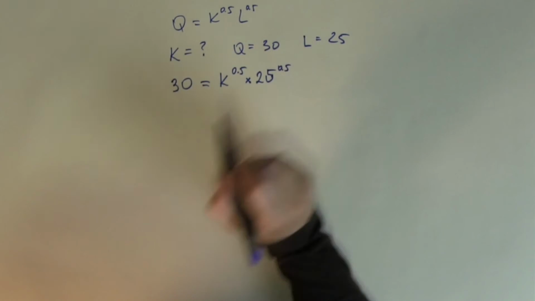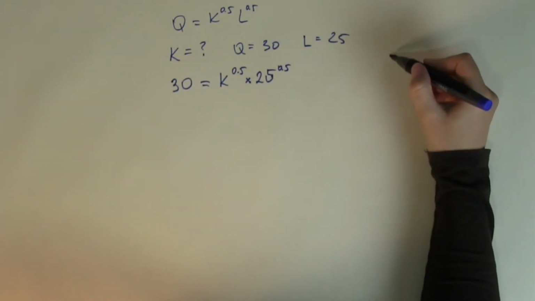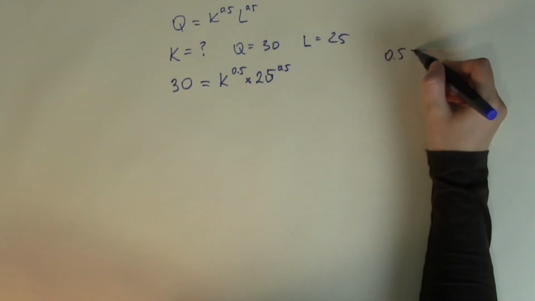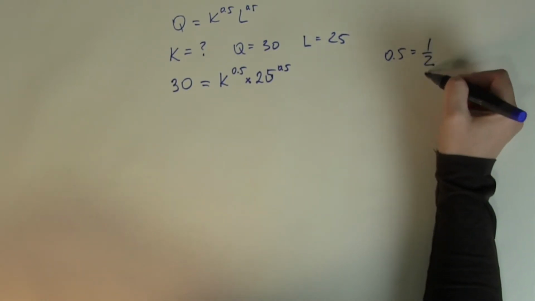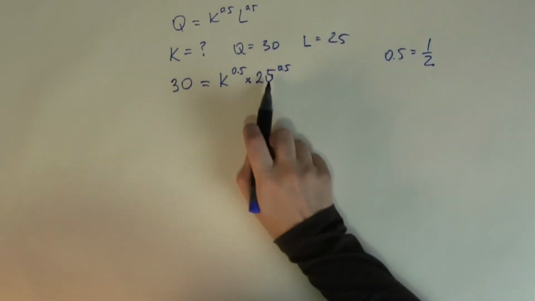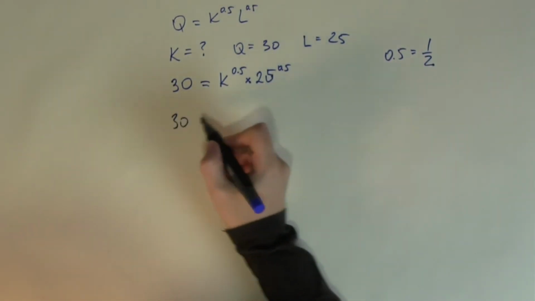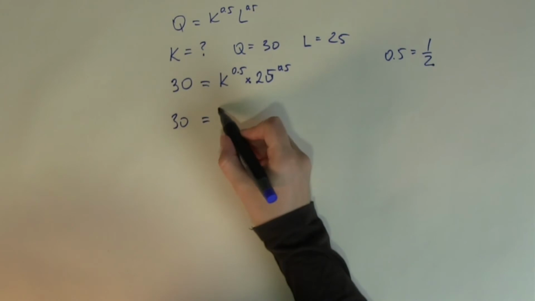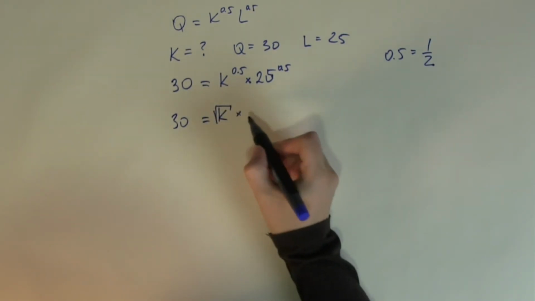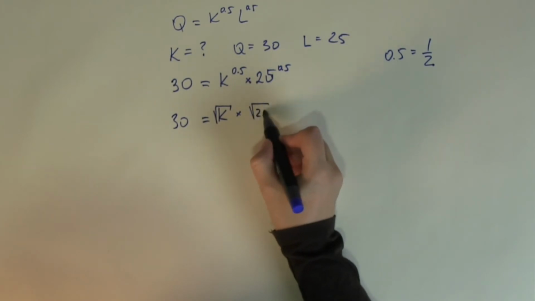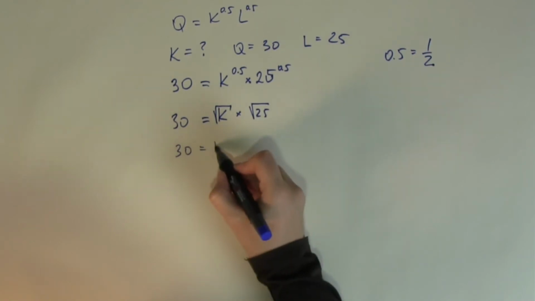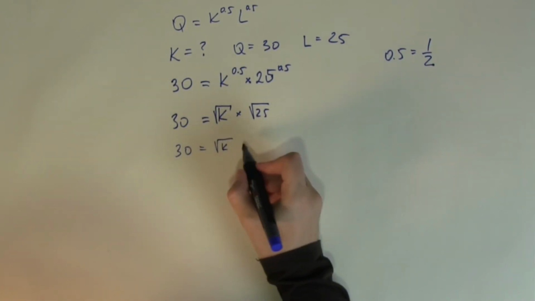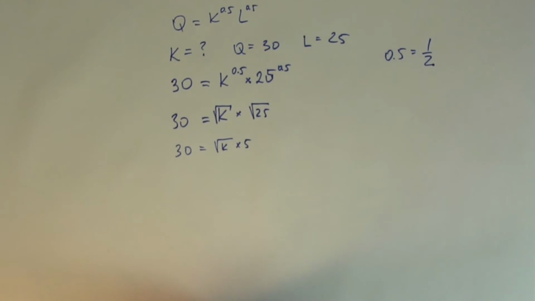to the 0.5. Now I remember that 0.5 is the half, and I remember that the half power is the root, because we looked at it in the previous example. So this can be rewritten as root K times root 25, and that's quite handy because root 25 is just 5.